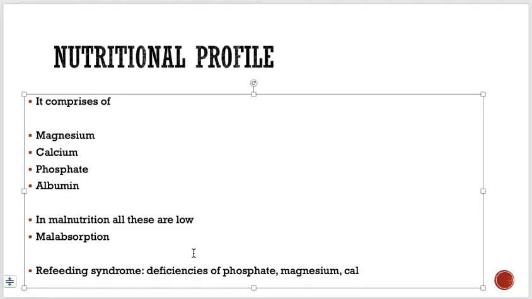So they may have hypophosphatemia, they may have hyperphosphatemia, they may have hypomagnesemia, or they may have hypermagnesemia. So that's why whenever we are refeeding any patient, we keep on checking their profile for these things. So this is the nutrition profile, which can be done with RFTs.